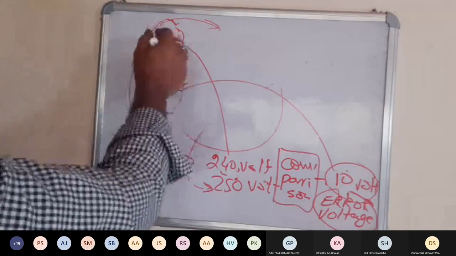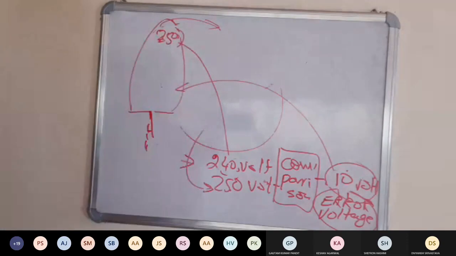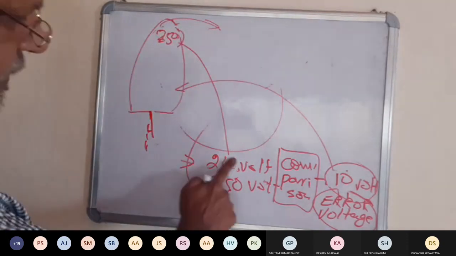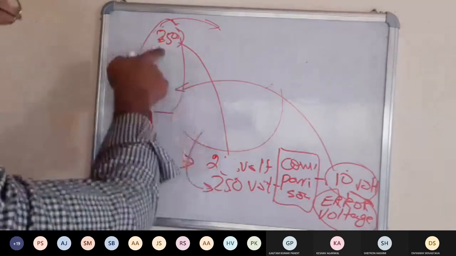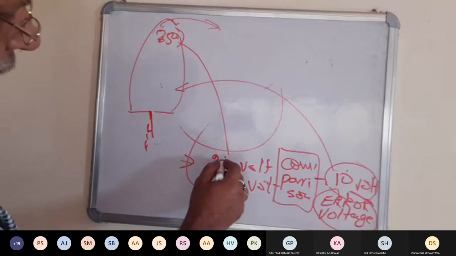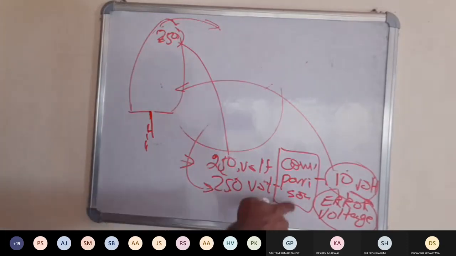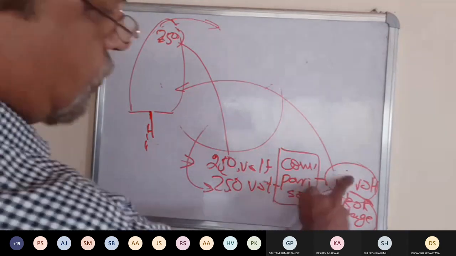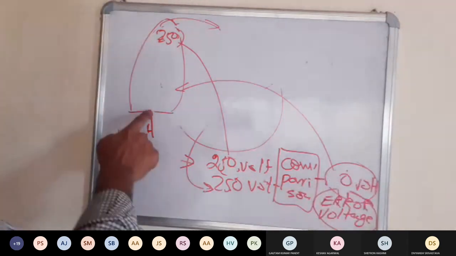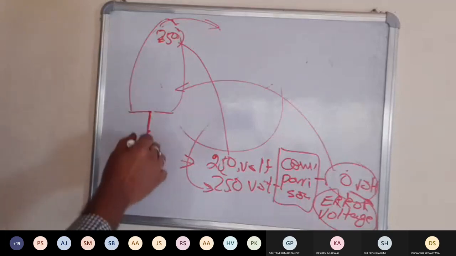When this finally reaches 250, this heading input given to the autopilot is 250. What is the difference between the two? Comparison से क्या निकलेगा? 0. So this is 0 volt. The rudder is brought to midship.